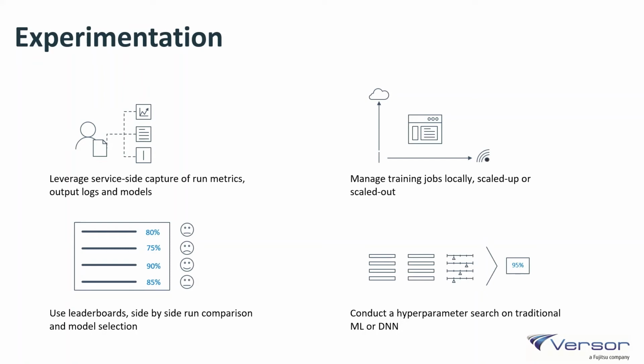So the whole experimentation process, you want to be able to track that. You want to be able to track the data sets that you were using. You want to be able to track the features that you've been using. You want to be able to track the performance of your model over time. And you also want to track your hyperparameters, whether you're using machine learning or deep neural networks.